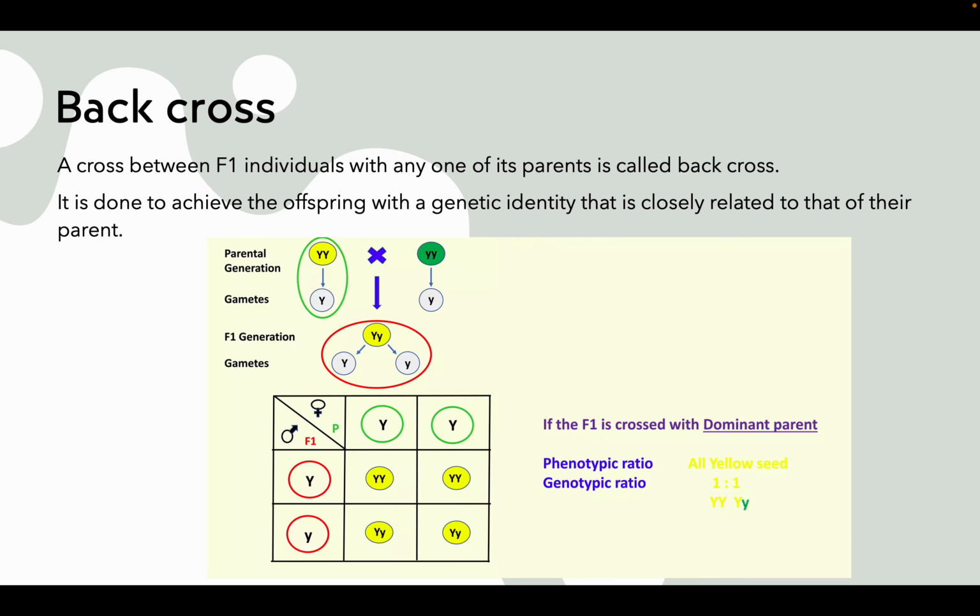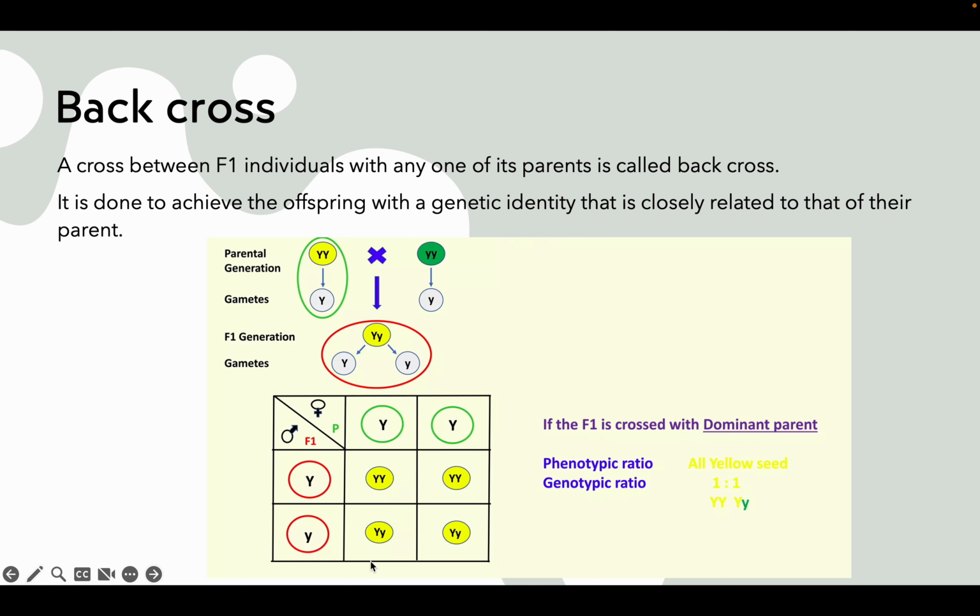Like you see here, with the phenotypic ratio we can say that all of them are yellow seed, but we don't know if this yellow seed is because both the alleles are dominant, the genotype being homozygous dominant, or heterozygous dominant.